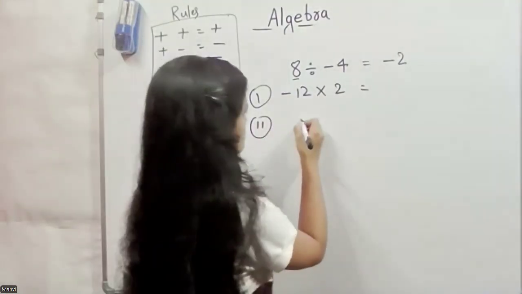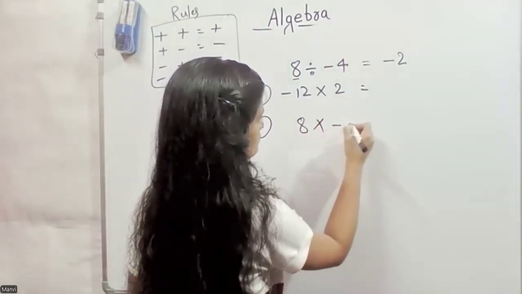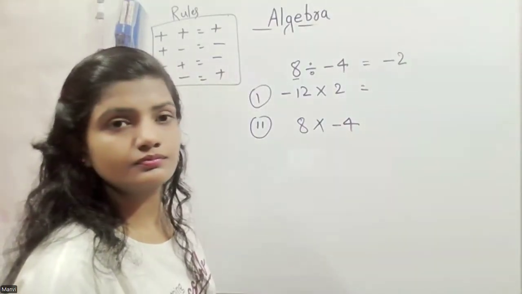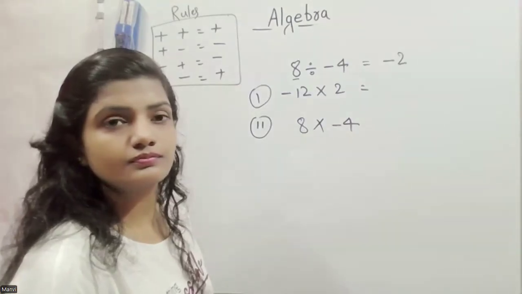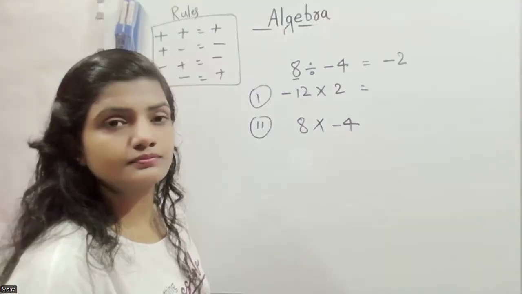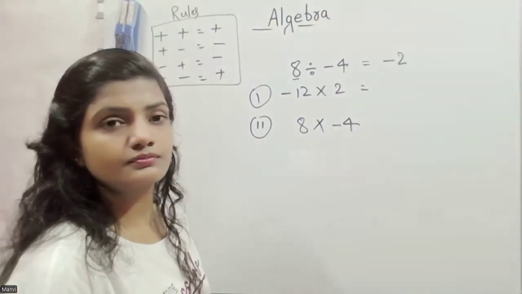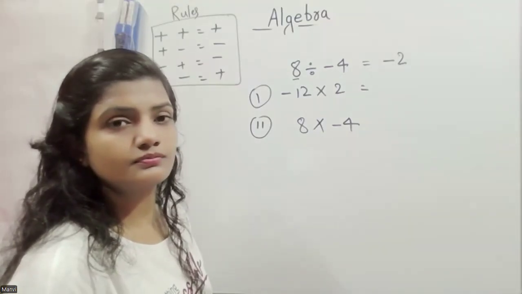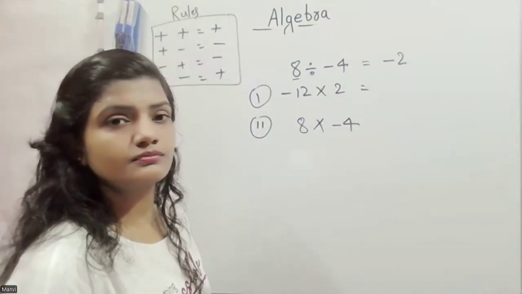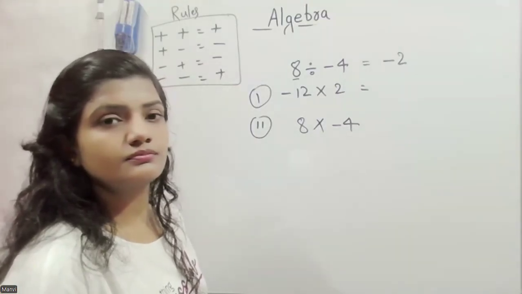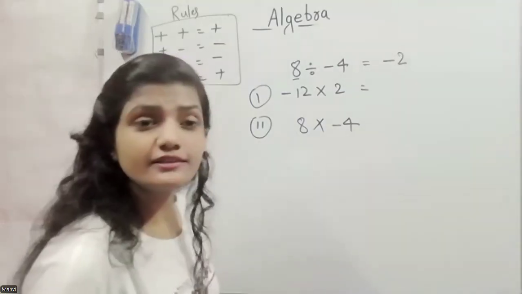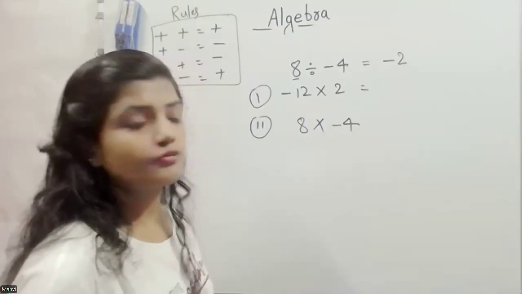Now, is it minus 32? Why minus 32? Because the signs are different. Very good.